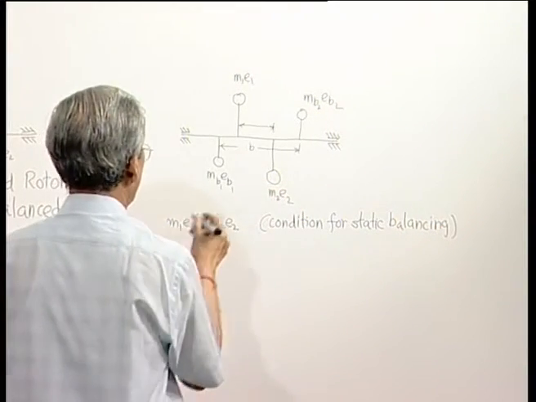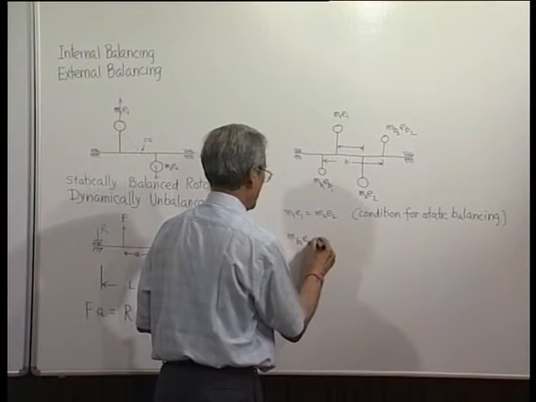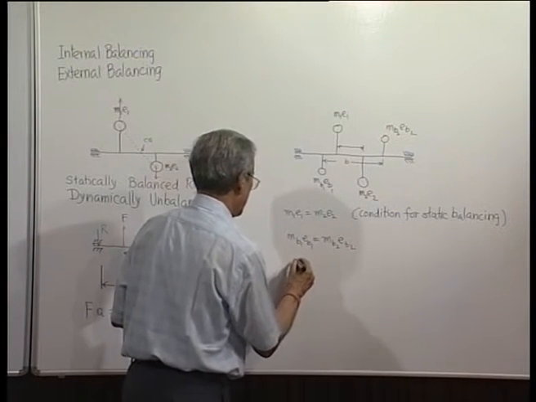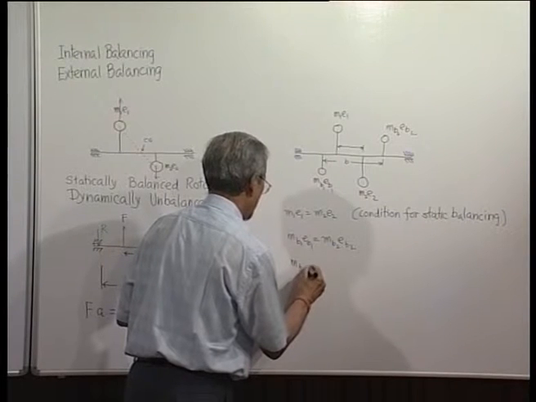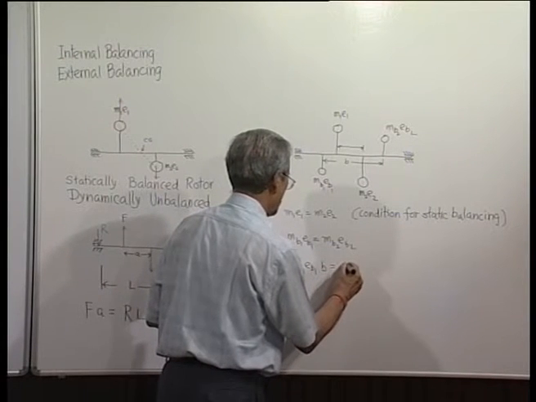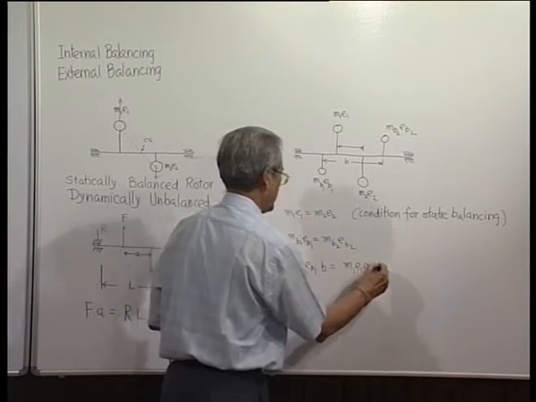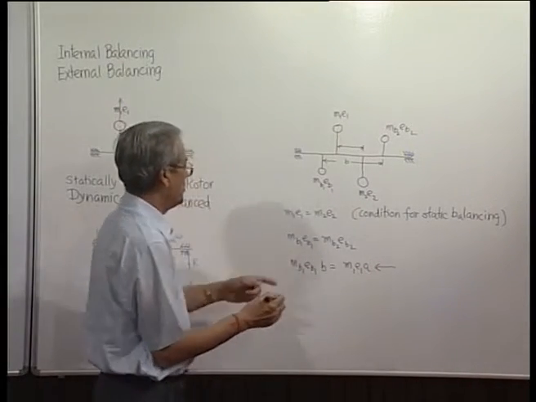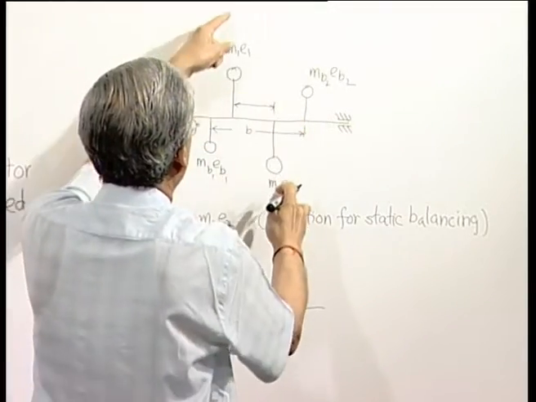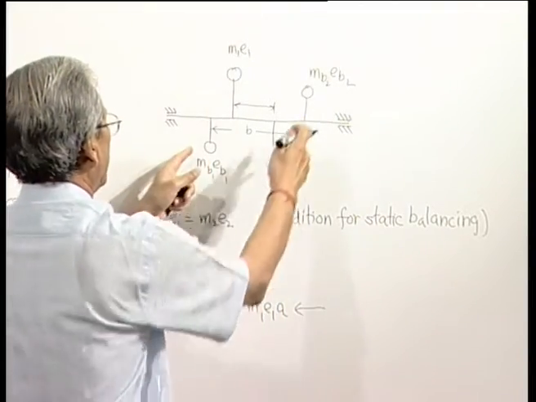Now, if we have MB1 EB1 which is equal to MB2 EB2 and MB1 EB1 into B is equal to M1 E1 into A. This will produce an equal and opposite couple. So, that the unbalanced couple produced by these two masses will be neutralized by the unbalanced couple produced by the other two balancing masses.